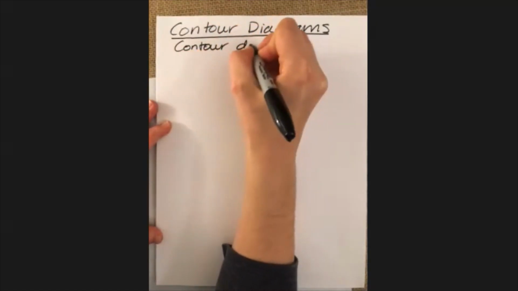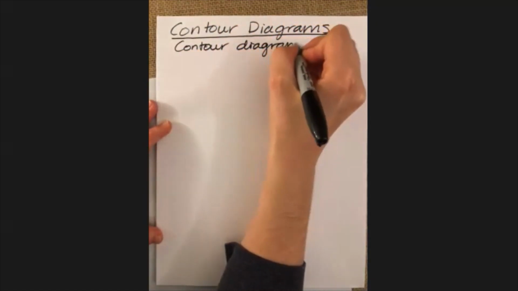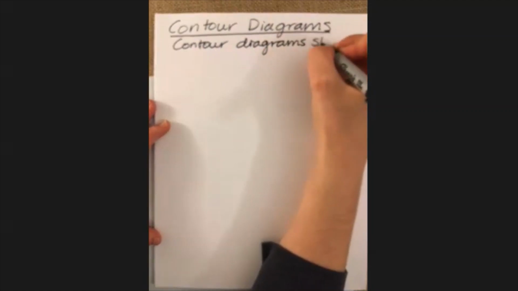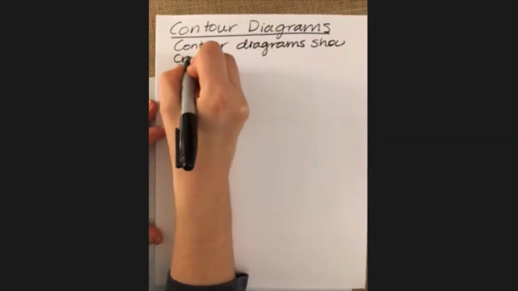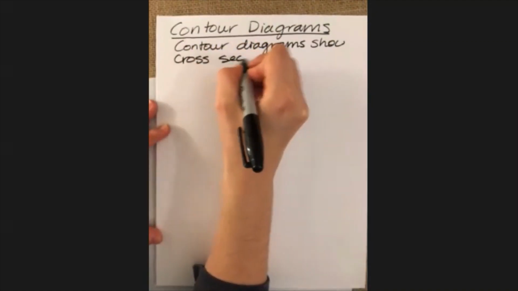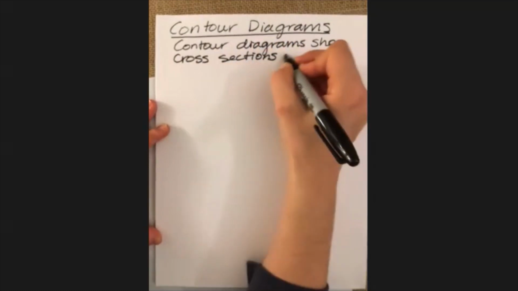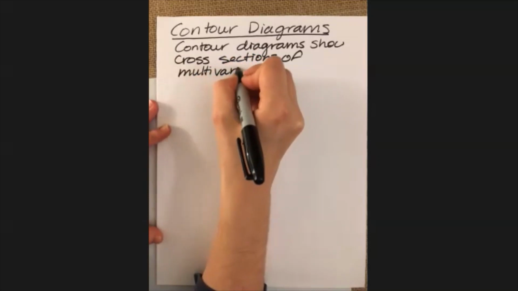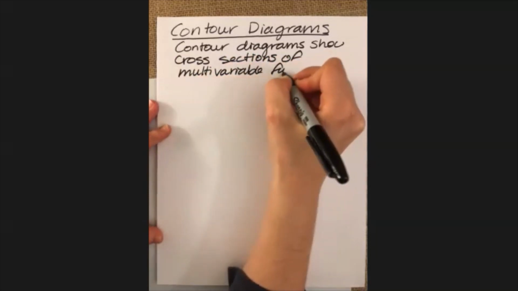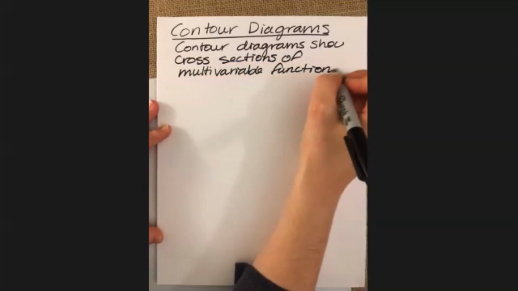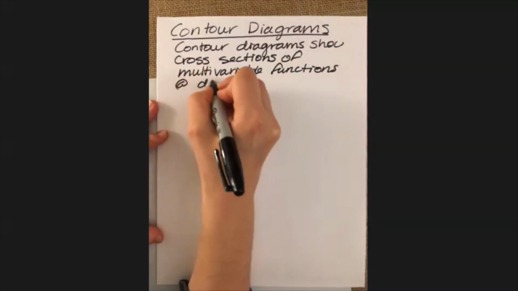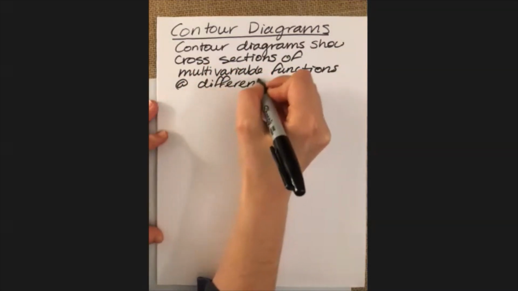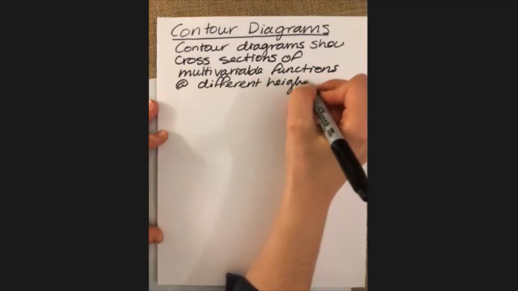So contour diagrams show cross sections of multivariable functions at different heights. Okay.